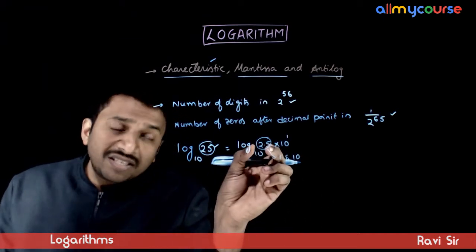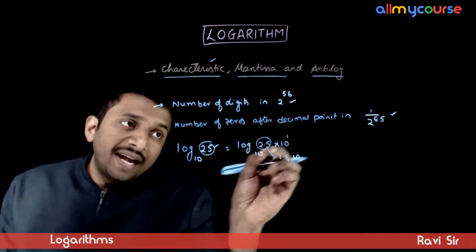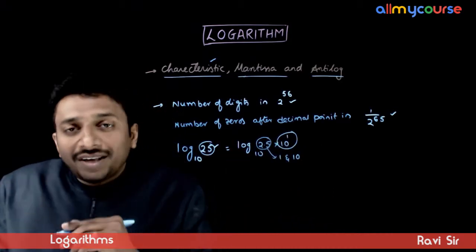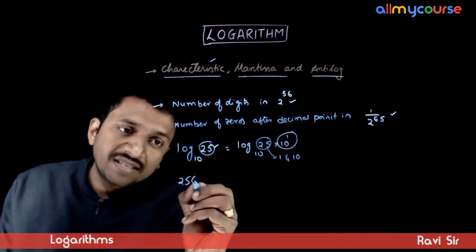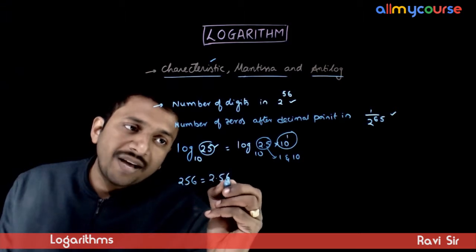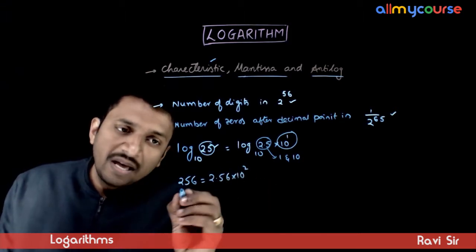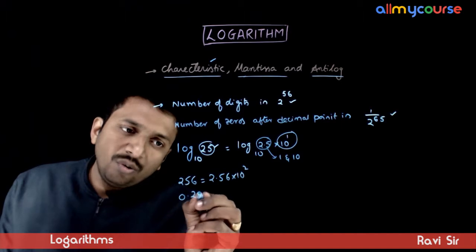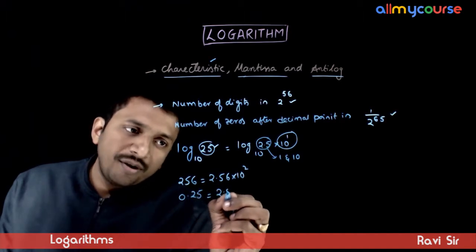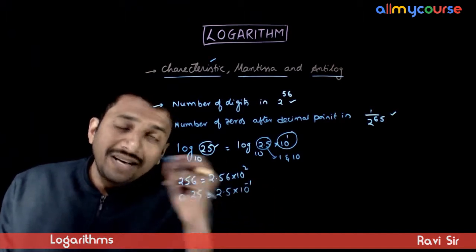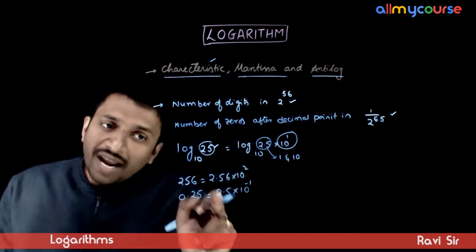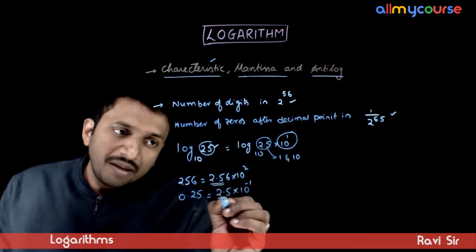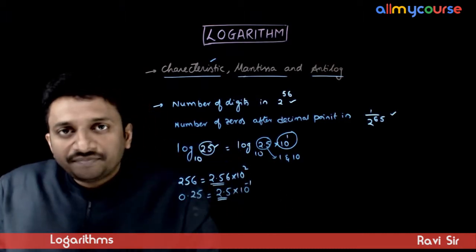So I can always bring this number between 1 and 10 and write an appropriate power of 10 after that. For example, if you have 256, I can always write it as 2.56 into 10 square. If I have 0.25, I can write it as 2.5 into 10 power minus 1. So I can always use appropriate powers of 10 and bring this number between 1 and 10.